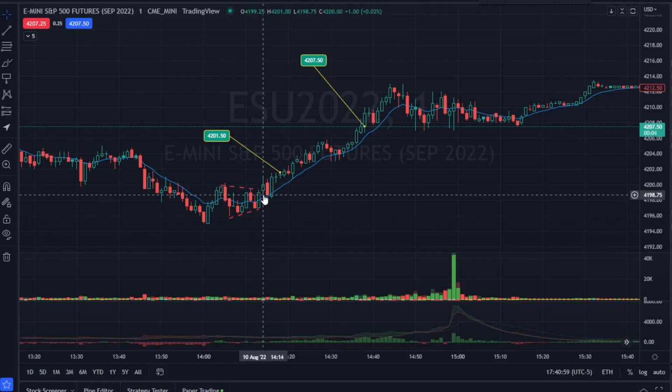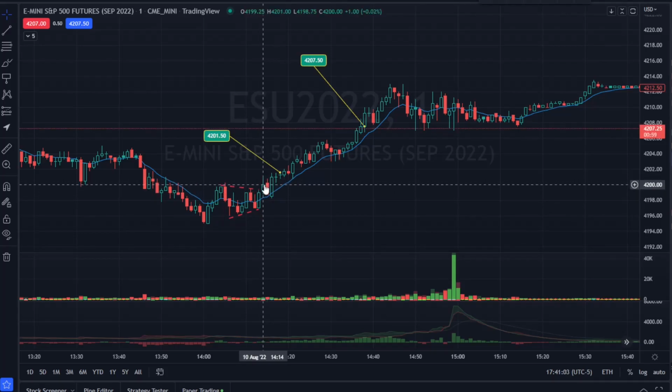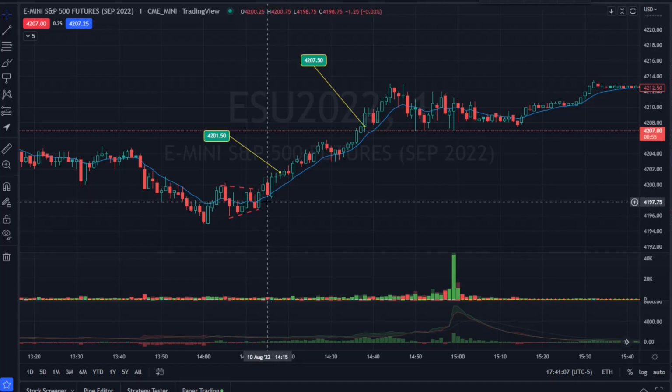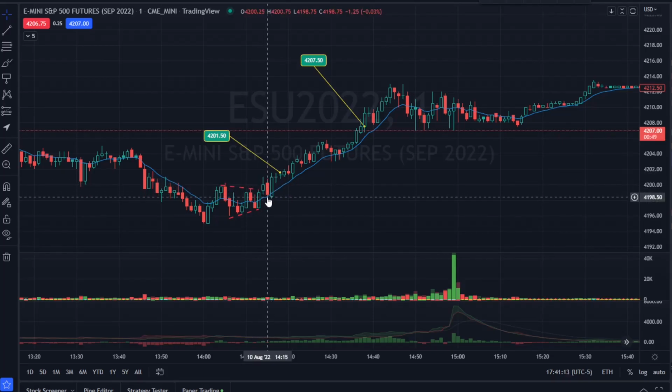So it does that, but then it has a little bit of a top heavy formation. It looks a little bit like a shooting star, meaning that it's not so bullish because it got bought down. And then we see here that we have a strong bear candle. And this bear candle is touching the 10 EMA.